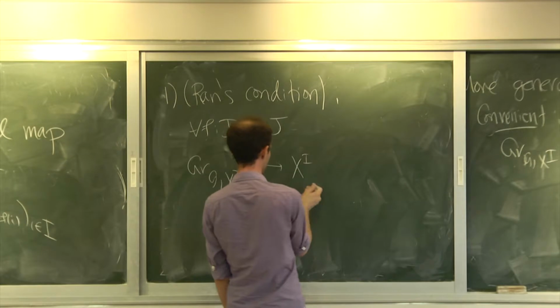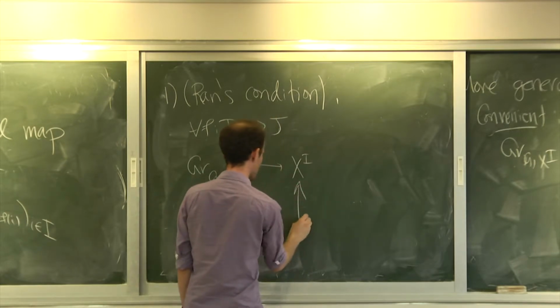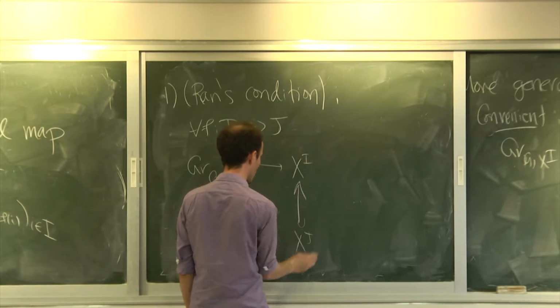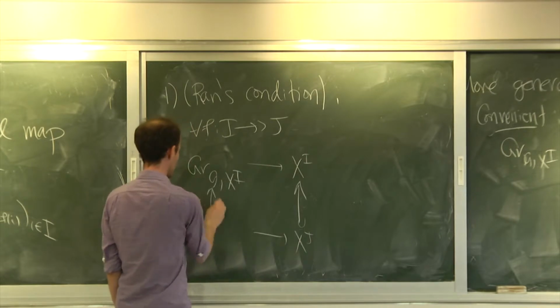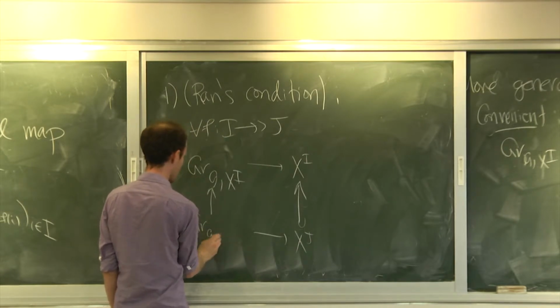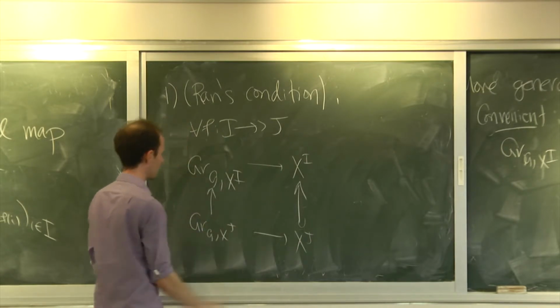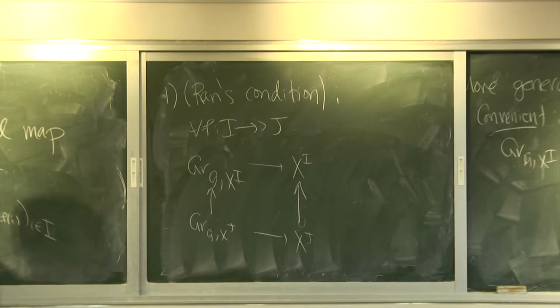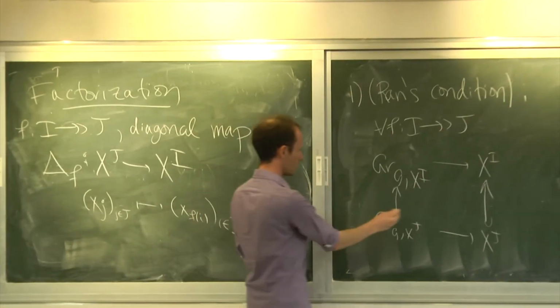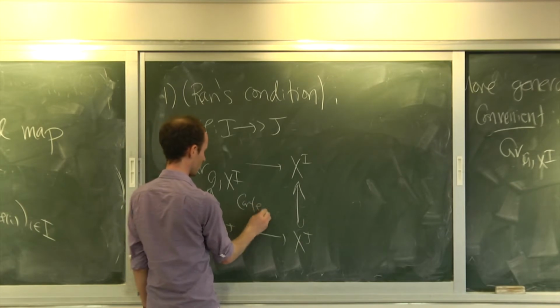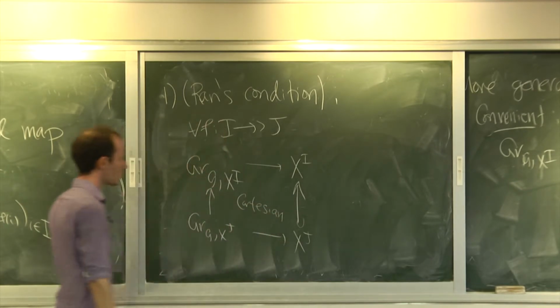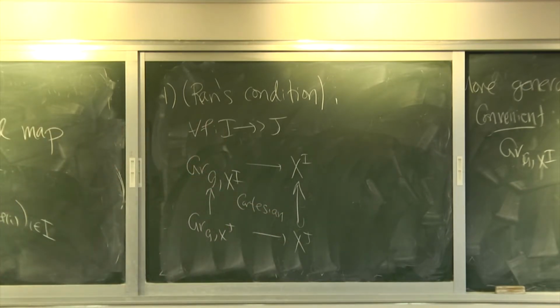Oh, poor board space. Then I can diagonally embed my x to the j. And this fiber product is going to be Gr_{G,x^j}. So this is Cartesian. This is what we saw in the case when n was equal to 2.